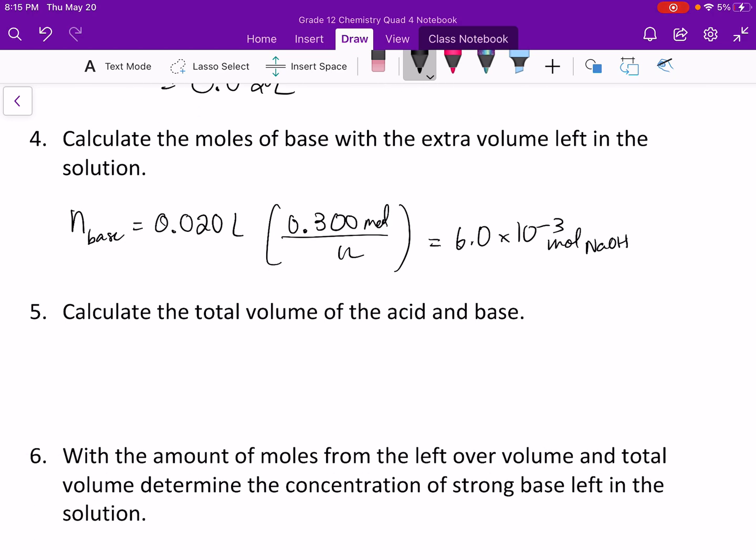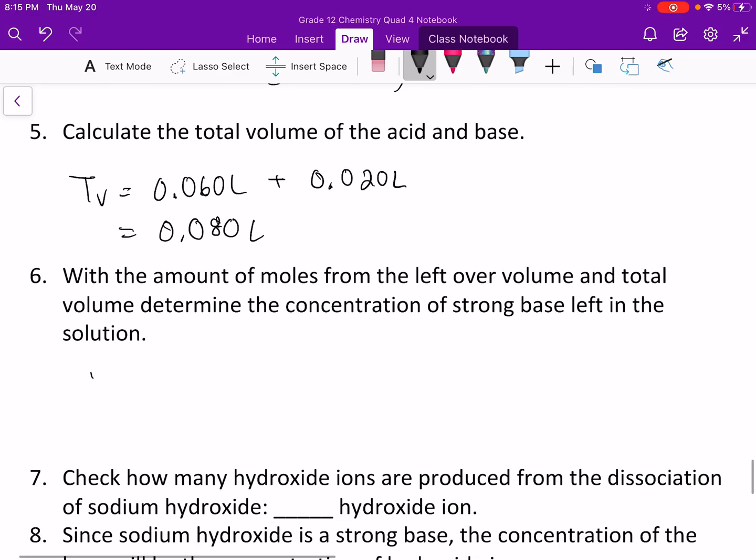The total volume of my solution is now the 60 milliliters plus the 20 milliliters that I started with, of my acid and my base. I need to calculate this so I can find the new concentration of my base.